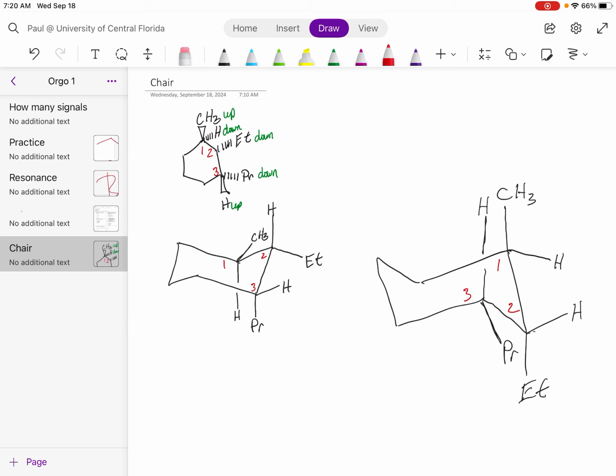Just remember this general rule that you want the largest substituents on that cyclohexane ring to be in the equatorial position. So I see a nice bulky methyl group right here in the equatorial position and an ethyl group in the equatorial position, whereas this guy is axial.